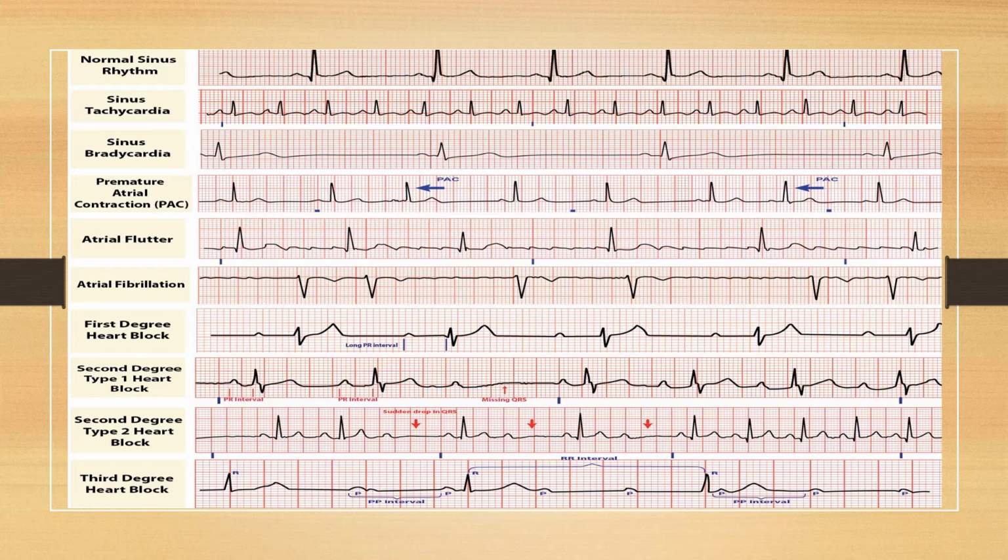This one's pretty close, but if someone asked what the rhythm was, well, the rhythm is normal sinus rhythm with PACs, premature atrial complexes, but the rhythm is still normal sinus rhythm underneath, right?